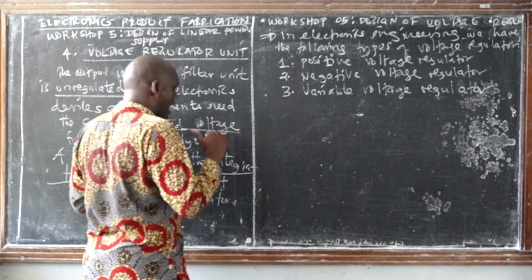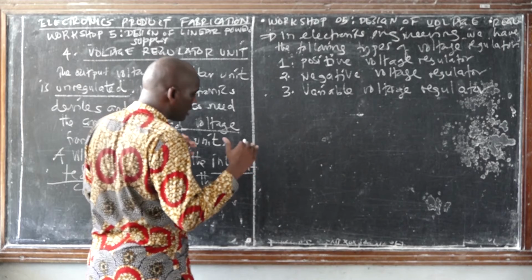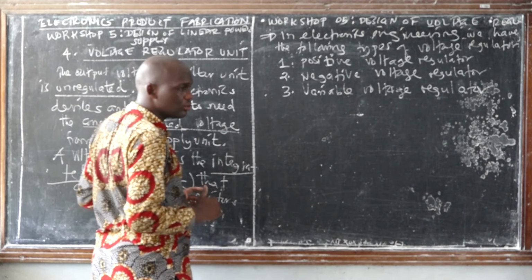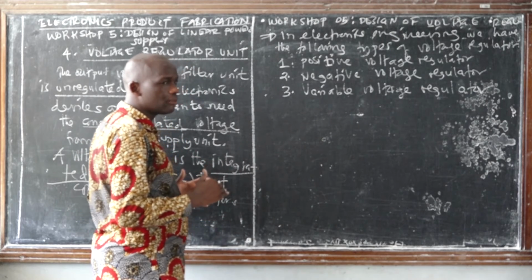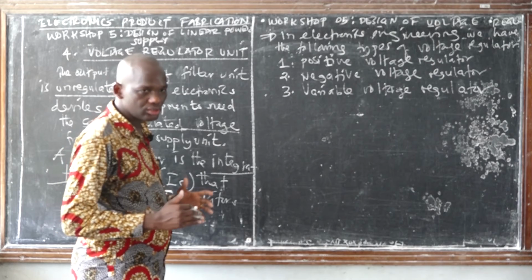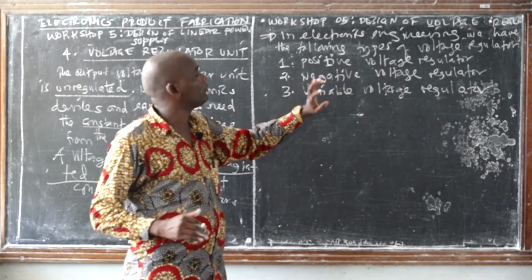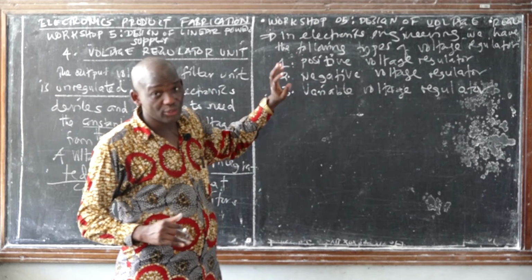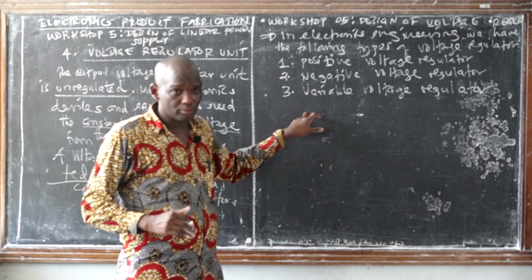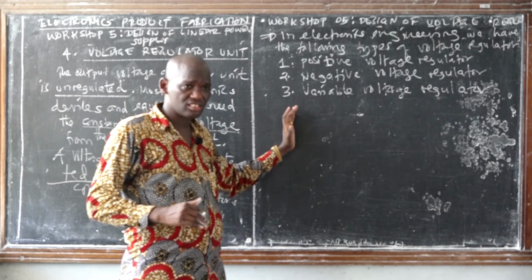But the electronics workbench power supply you use in the workshop is variable. This one gives you the positive voltage, this one gives you the negative voltage, and this one gives you either positive, in most cases, but varying.